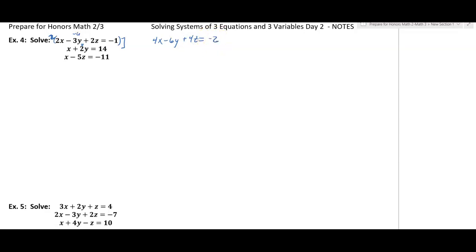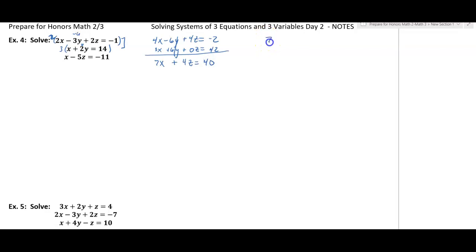I'm going to multiply the middle equation by 3. That would give me 3x plus 6y plus 0z, because there's no z term, equals 42. Now, when I add these together, 7x, the y's eliminate, plus 4z equals 40.